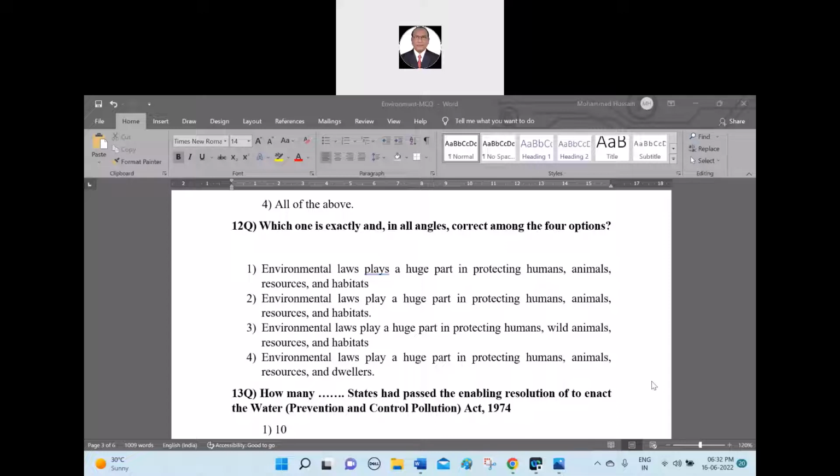Third, environmental law plays a huge part in protecting humans, wild animals, resources, and habitats. Fourth, environmental law play a huge part in protecting the humans, animals, resources, and dwellers. Which one is correct in all respects?